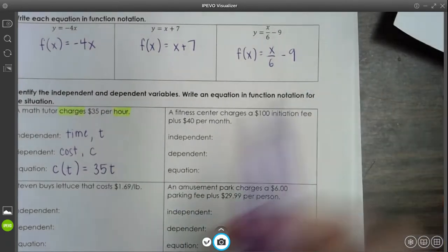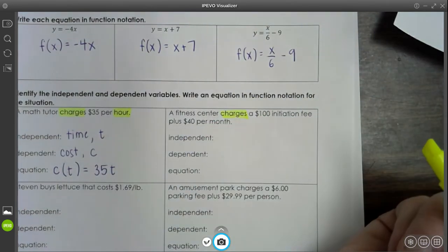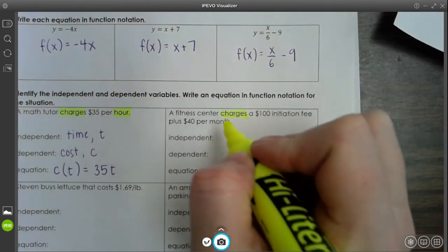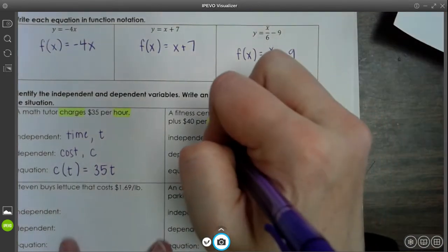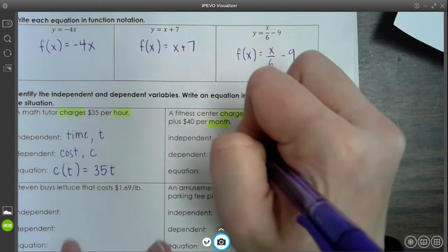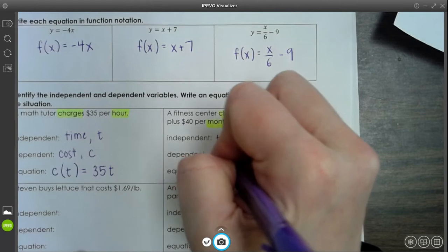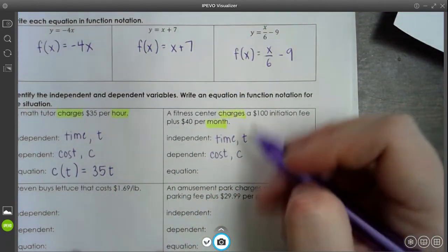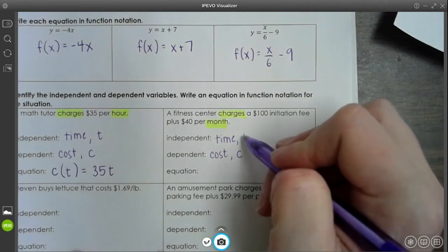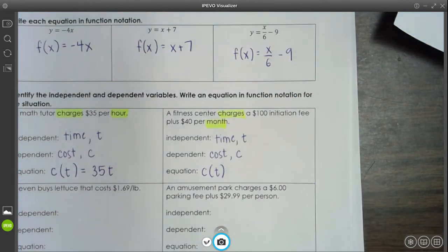Okay, the next one says a fitness center charges, so again we have cost, $100 initiation fee plus $40 per month. So again we have time. So time, I'm going to use the variable T. The dependent variable is going to be cost again, which sure we'll call C. So since that's our dependent variable, we always write dependent variable and then parentheses independent variable, the cost in terms of the time.